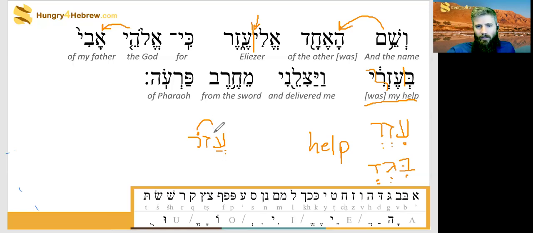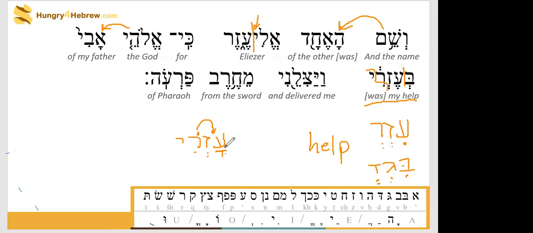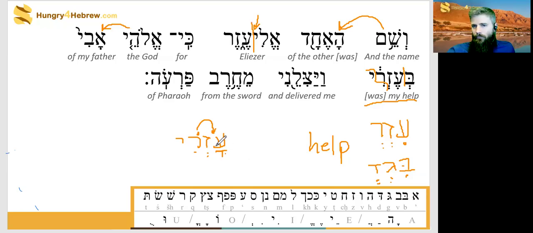I've always taught that this O, if ever it goes down to schwa, affects the preceding vowel. I don't know which one it is, but either way, the infinitive construct would be ozri, my helping. But then it would be like, I'm the one doing it. So maybe that's why they didn't use the infinitive construct. It's God who's doing it. So in my like need of help.